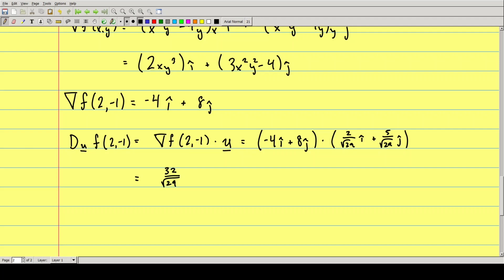So, the book makes mention at this point that if we were to talk about a function of three variables, it works the way that we want it to.